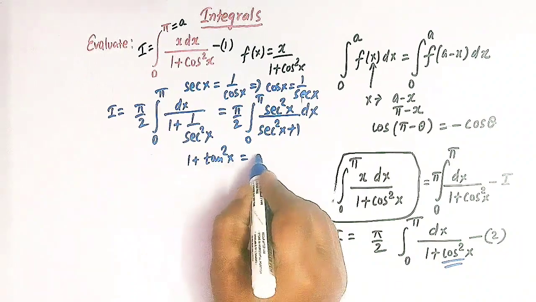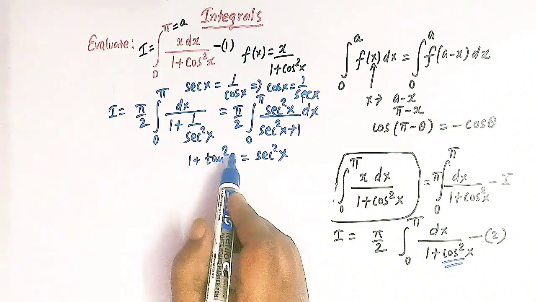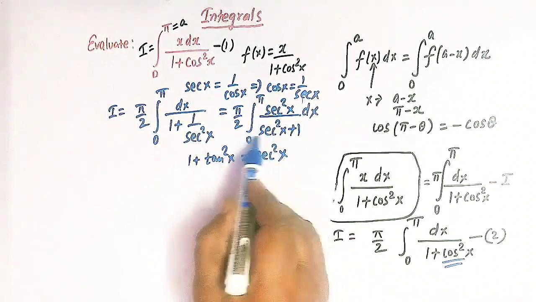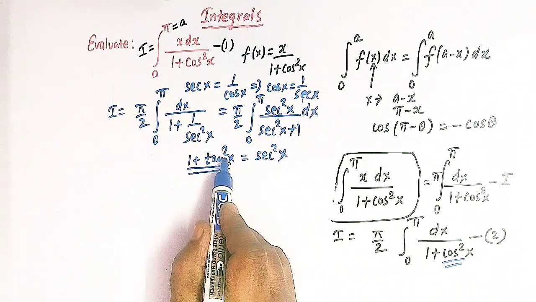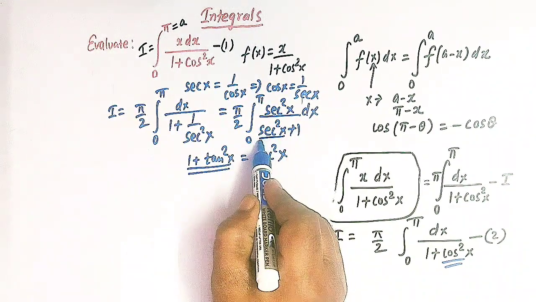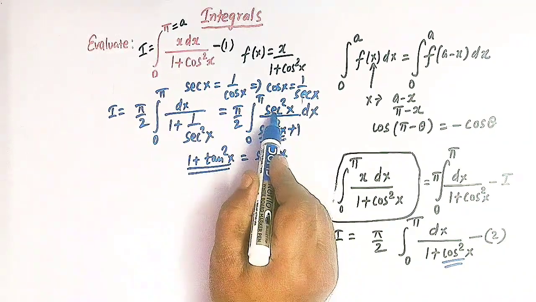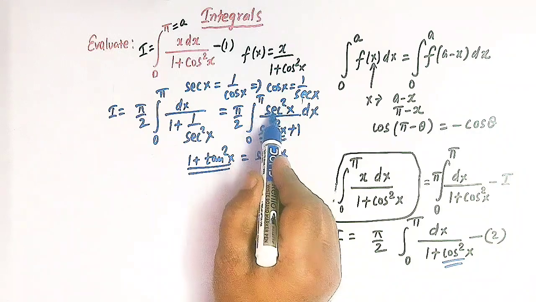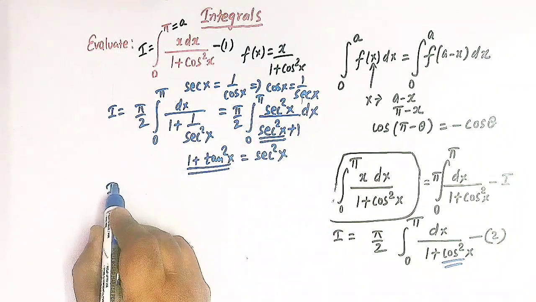Now we can apply one important trigonometric identity, that is 1 plus tan square x is equal to secant square x. So let us write this secant square x as 1 plus tan square x. We replace only this secant square x in the denominator by 1 plus tan square x, and the secant square x in the numerator remains as such. So we have I equal to pi by 2, 0 to pi, secant square x dx over 1 plus tan square x plus 1, dx.